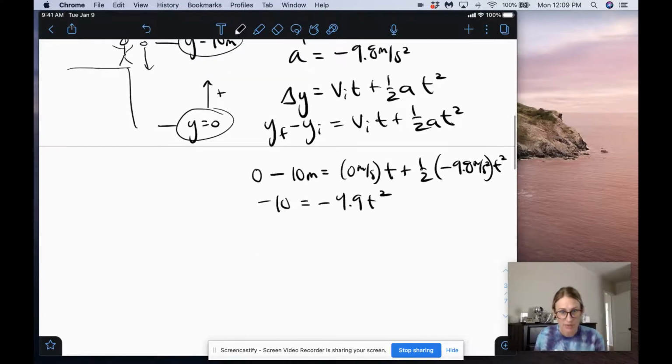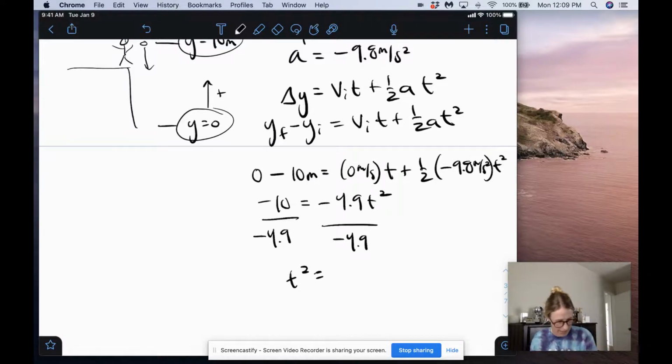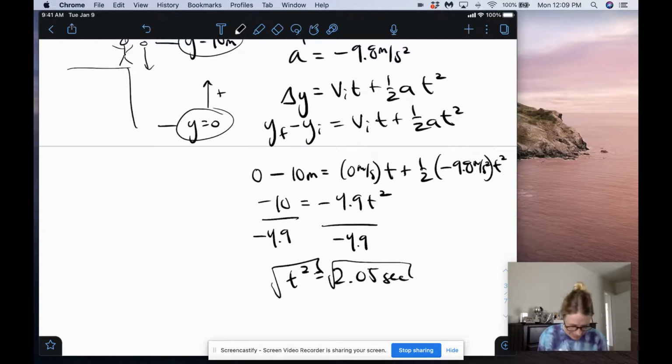I'm going to divide both sides by negative 4.9. So I get t squared is equal to negative 10 divided by negative 4.9, which is 2.05. Then I square root both sides, and I end up getting 1.43 seconds for time.